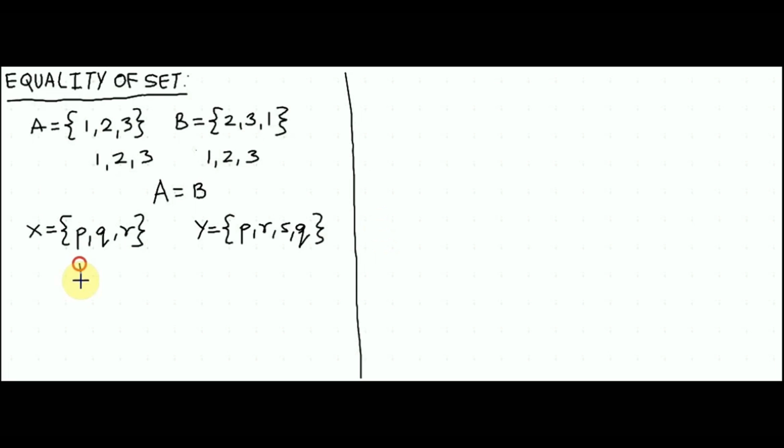Set X has the elements P, Q and R, and the elements of set Y are P, Q, R, written in sequential order, and there is an extra element in this set, which is S. So by observing, we can directly conclude that the elements of X are not equal to the elements of Y. So we can say that X is not equal to Y.